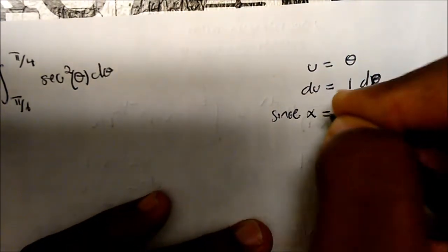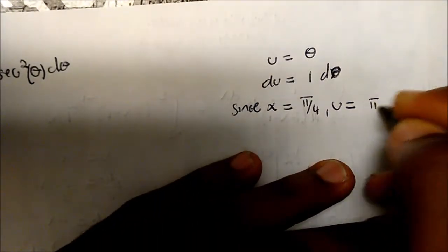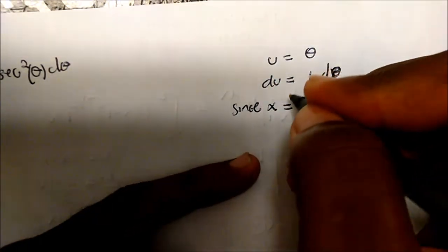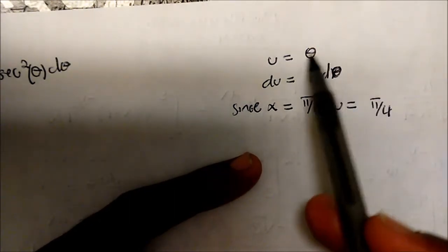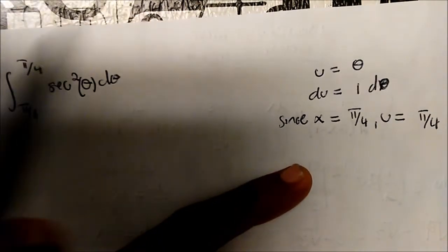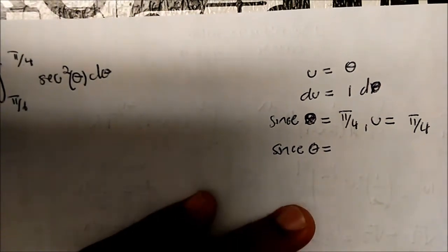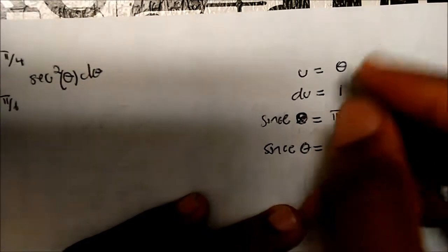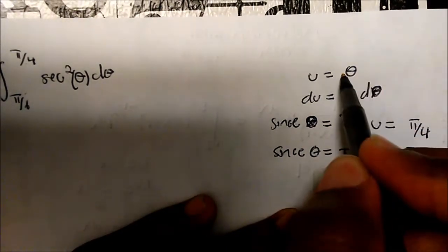Since theta is equal to pi over 6, u is going to equal pi over 6, because all I'm doing is plugging in this theta value for theta. And since theta goes up to the upper limit, u is going to equal that same value.